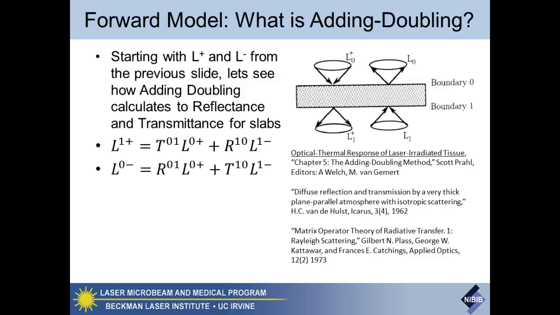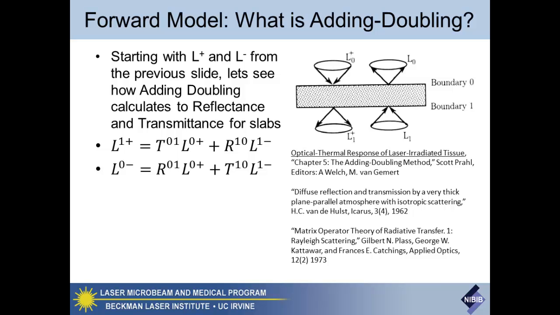Similarly, to find out the light that would exit at the top of the surface, so this would be your reflectance, would be managed by the operator going from the 0 boundary to boundary 1 with the incoming light, and the transmittance operator from the negative direction.